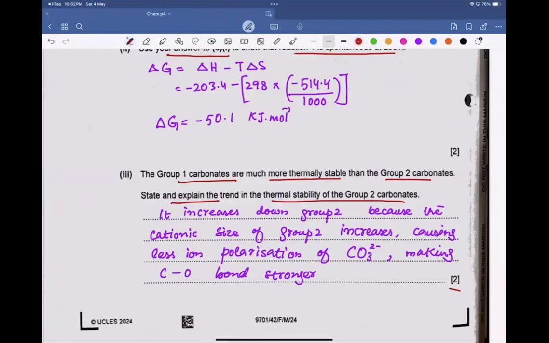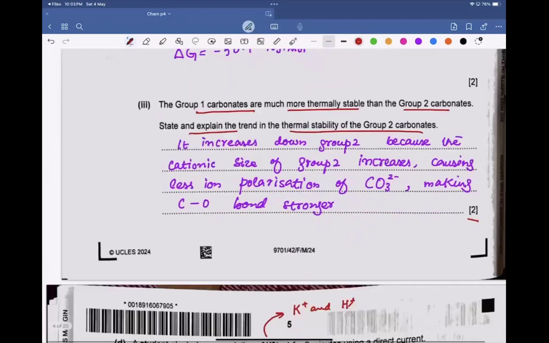And Sharia, electron cloud distortion, not dissociation. Okay. If you write electron cloud distortion, then it is fine, not dissociation.